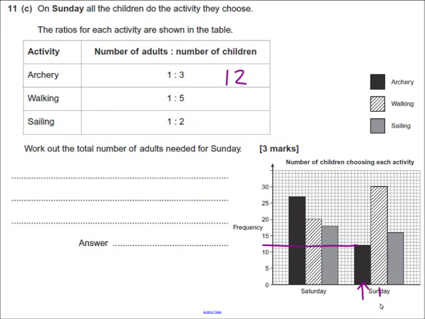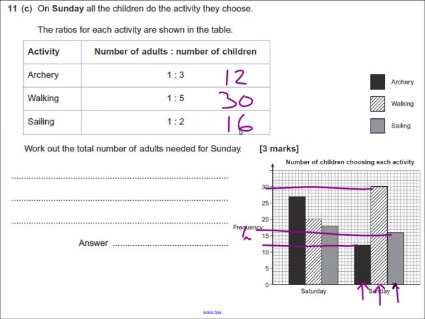If we look at walking on the Sunday, we can see there are 30 children that want to walk. So looking at sailing, which is our third column along, we can see that 16 children want to go sailing.